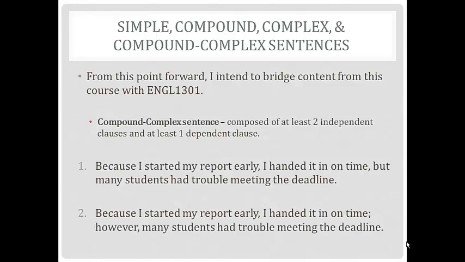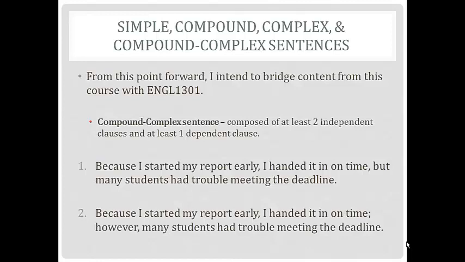Just because it's a really long sentence doesn't mean that it meets the rules of a compound complex sentence. So what makes it a compound complex sentence is that it has to have at least two independent clauses and at least one dependent clause. So let me go into the examples.